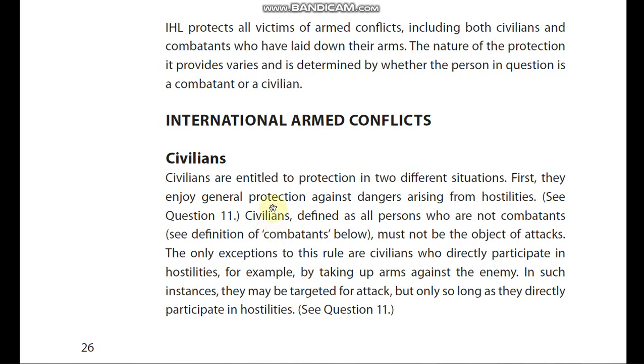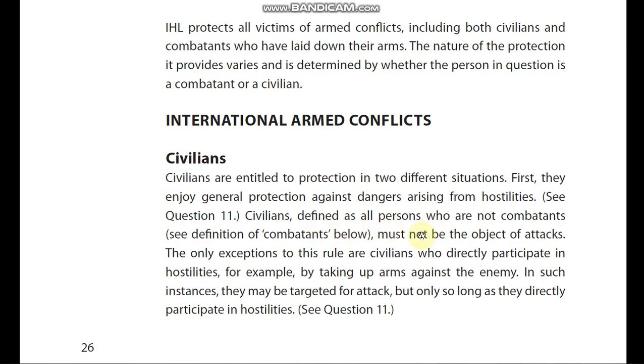But you have to know here that civilians enjoy the general protection of IHL against any kind of dangers arising from hostilities in the international armed conflict. Who are the civilians? For these purposes, civilians are defined as all persons who are not combatants, who are not designed to take part in hostilities.